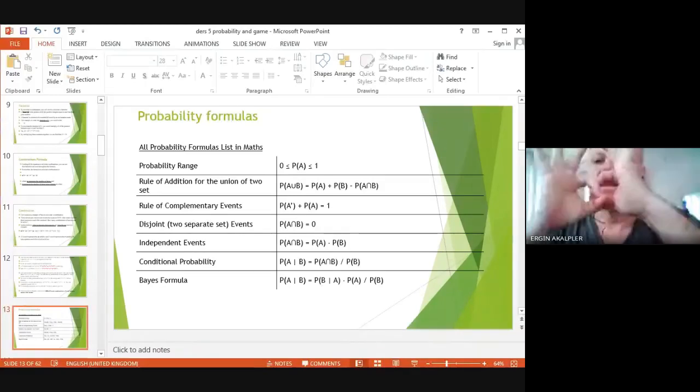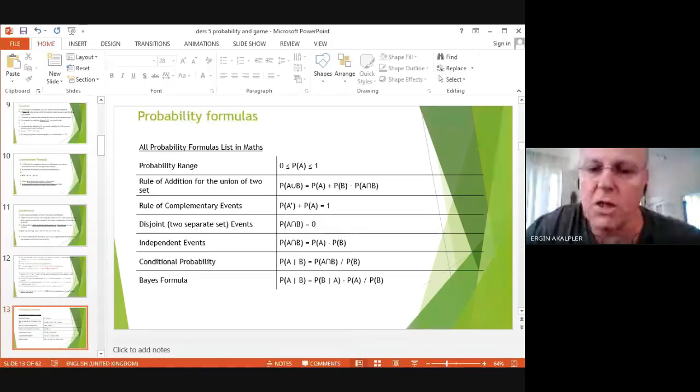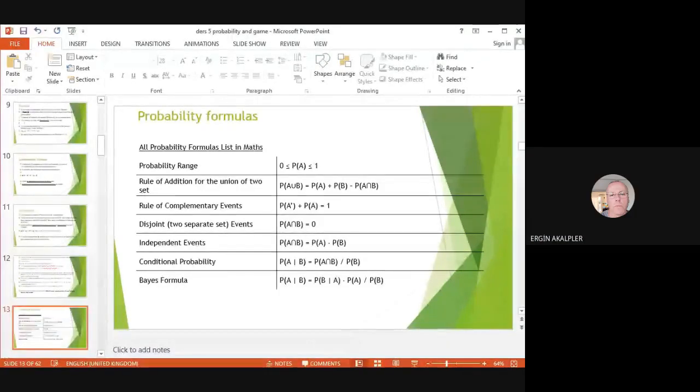If there are intersection points between these two, then of course you have to put this intersection into the intersection area. If you have two sets, 1, 2, 3, 4 and 4, 5, 6, 7, let's say, the intersection point for these two separate groups is the 4, isn't it?